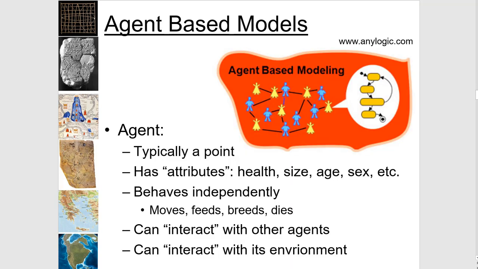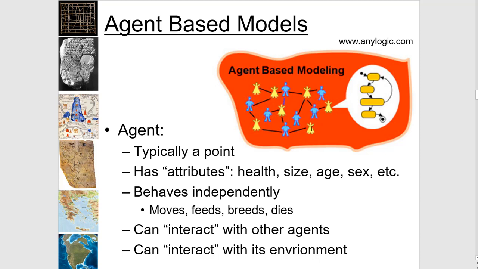Agent-based is the most popular currently, and the basic idea is that you are creating computer agents. So in this case, I've got people in this picture, but you might have elk or fish or bees or flowers or trees. Anything that we relate to or that we're interested in studying could be your agent.